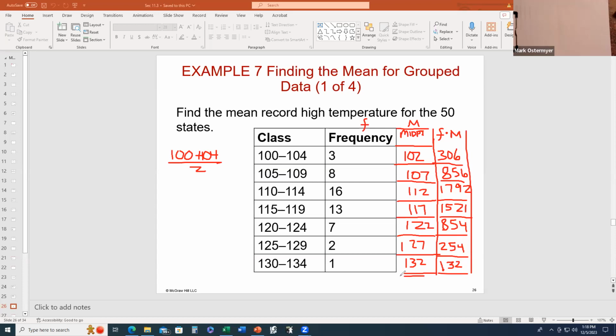Now what we're going to do is sum up the last column. We've got to add up all the values of the last column.